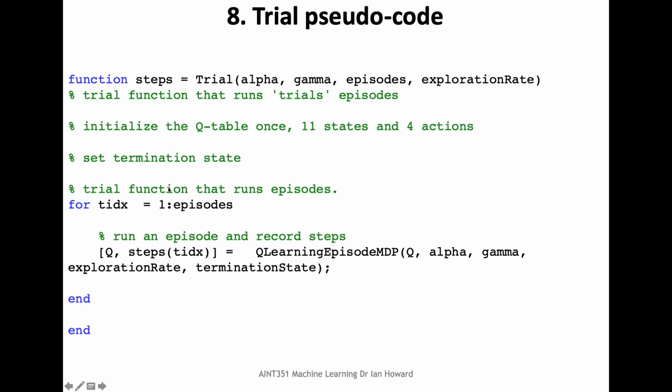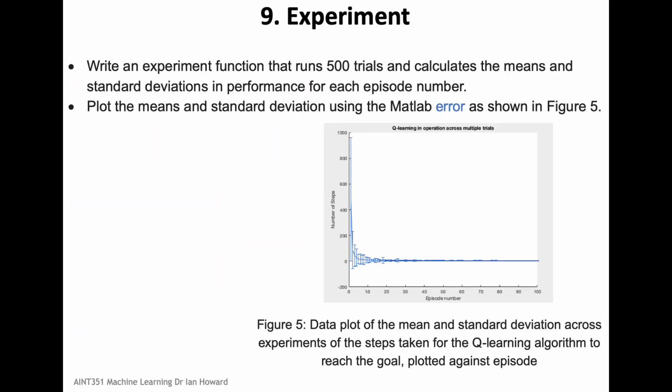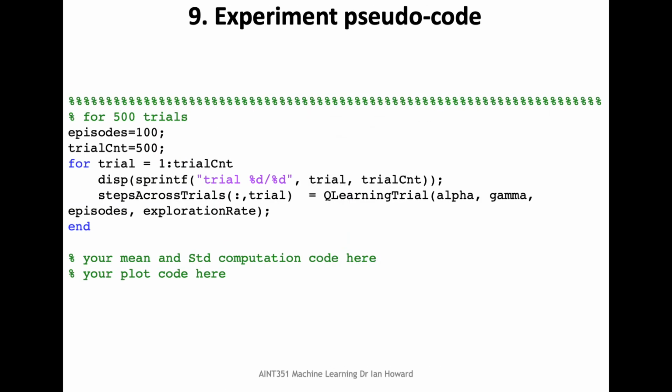And the point being, in a trial, it runs over a certain number of episodes, and for each episode you're using your episode Q learning function there. And an experiment, again, is just running over lots of trials so that you can compute the mean and standard deviation of the steps. Okay.